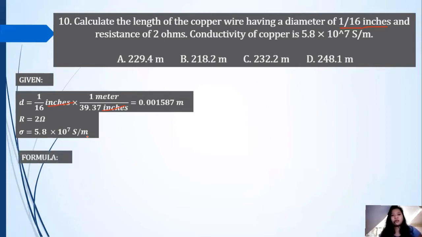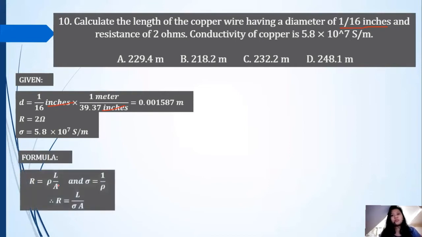Next is the formula. What is the formula we will be using? This formula is from the resistivity formula, which will be converted into the conductivity. Since we already have the given for the conductivity, we'll be using the formula with conductivity.